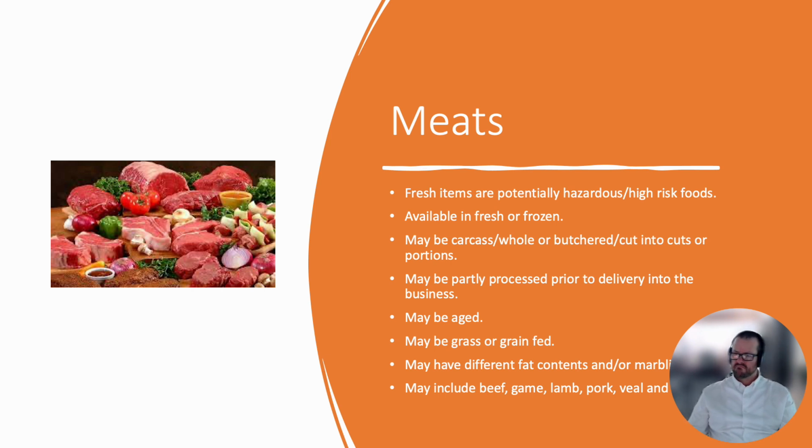They can be classified based on age, the age of the product. If we're talking about lamb, we're talking about kids, mutton, lamb. If we're talking about beef, we're talking about veal or steer or other names like that. You can also classify it in how it's fed, grass fed or grain fed.